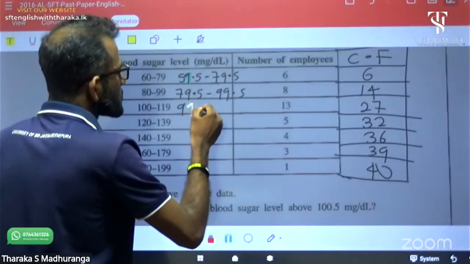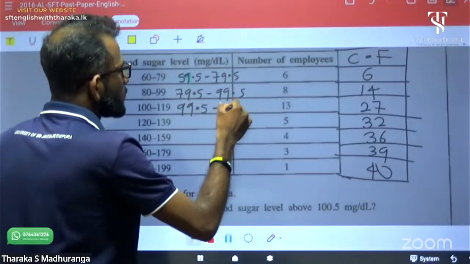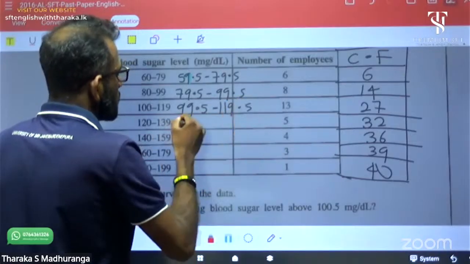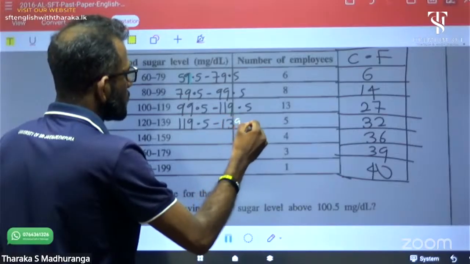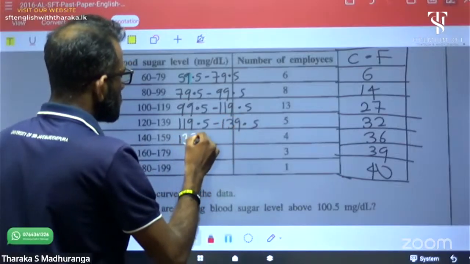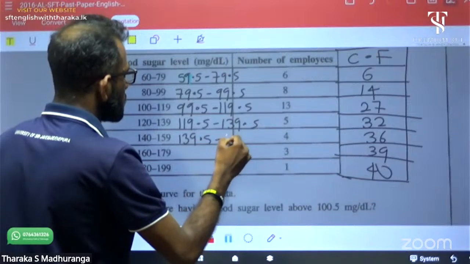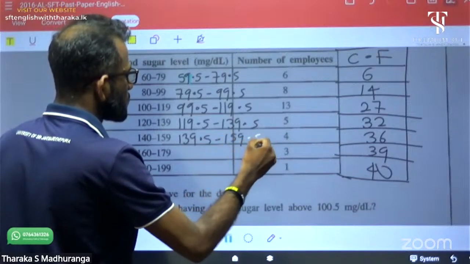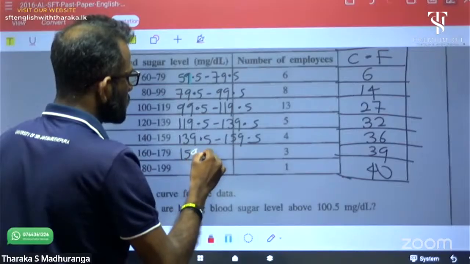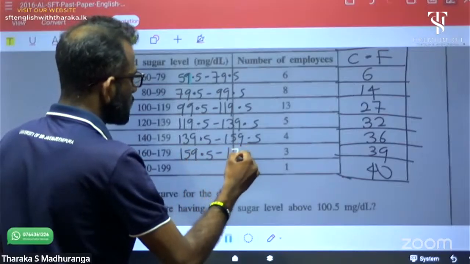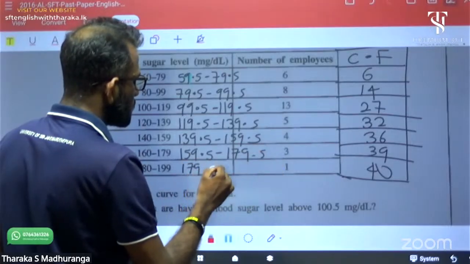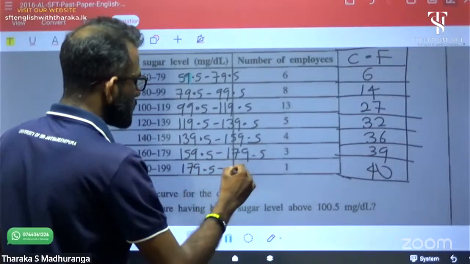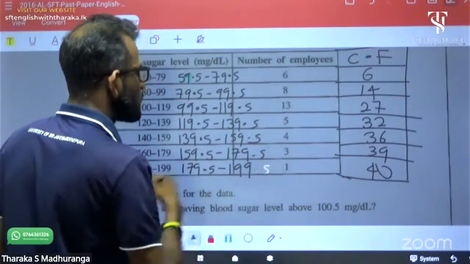99.5, 119.5, 119.5, 139.5, 139.5, 159.5, 159.5, 179.5, 179.5, 199.5.